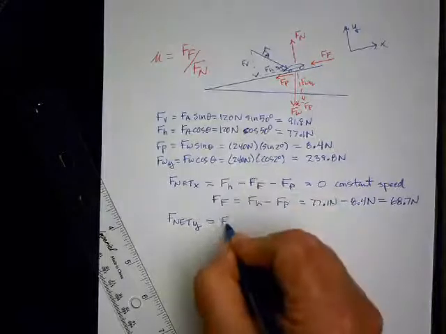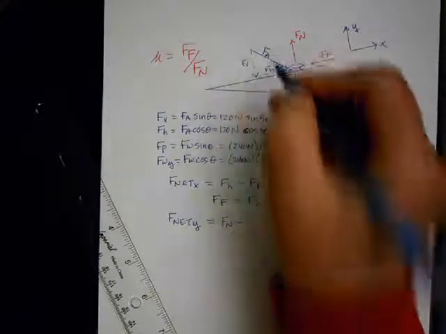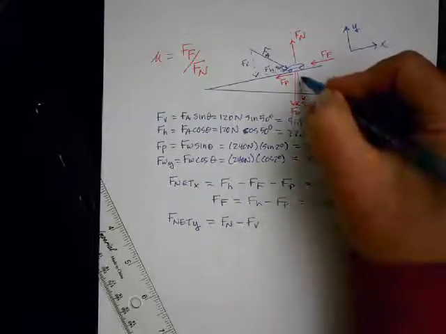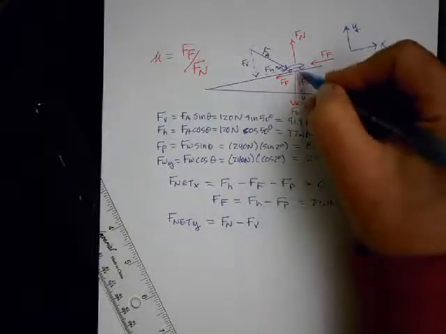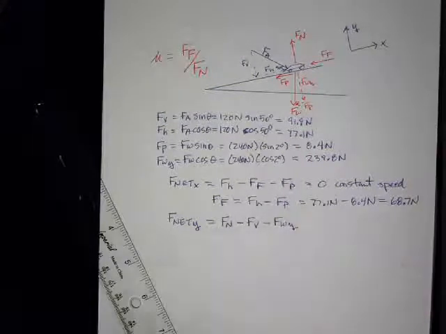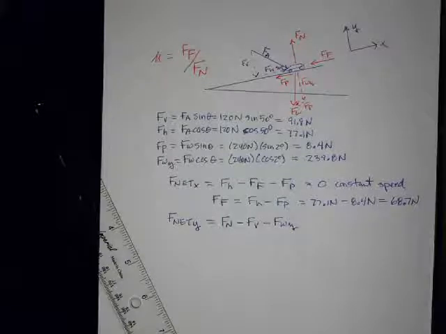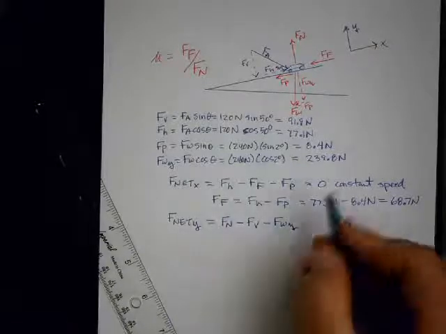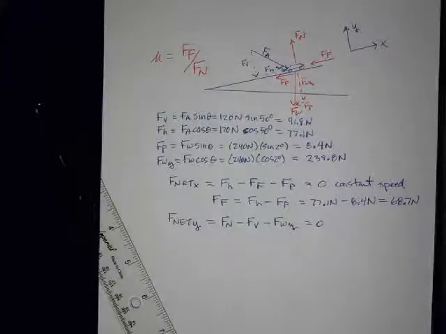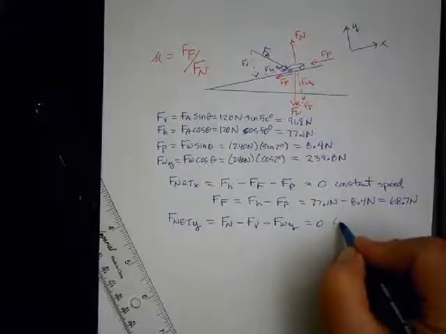I have to do the perpendicular component of the weight going down. And of course, it's not sinking into the ground and it's not rising into the air, so that has to be 0 as well. Or another way of putting it, not moving perpendicular to ground.